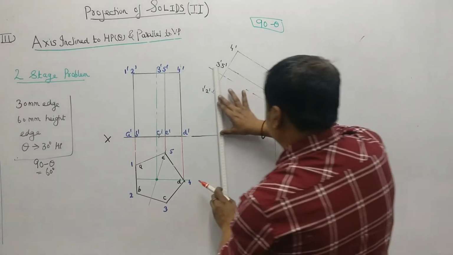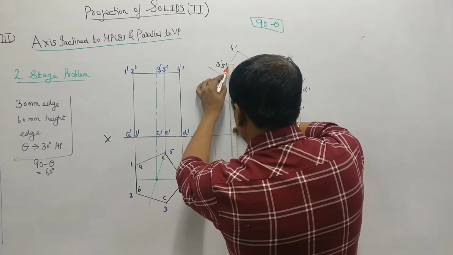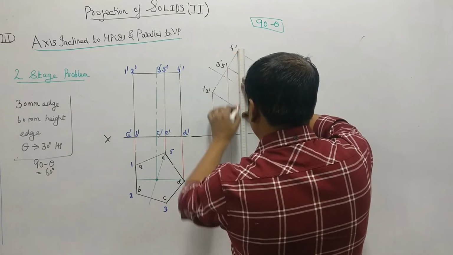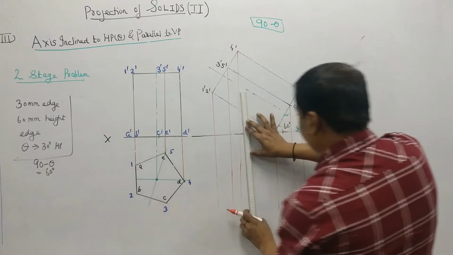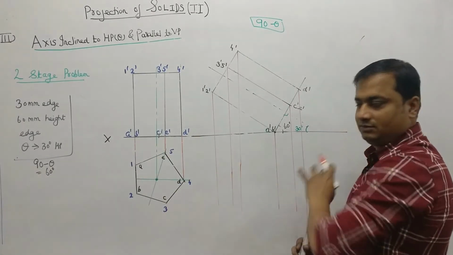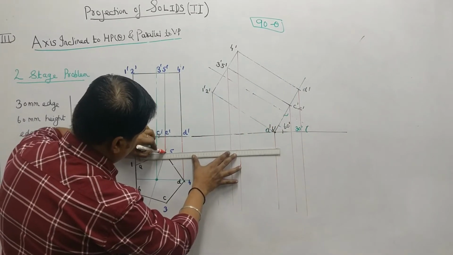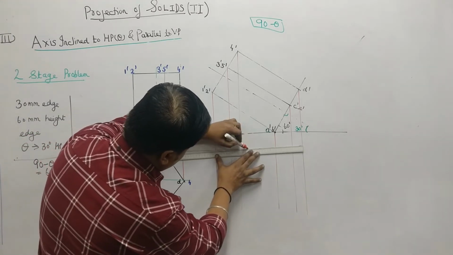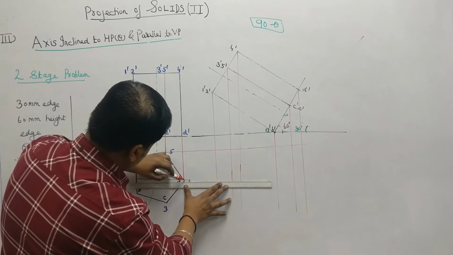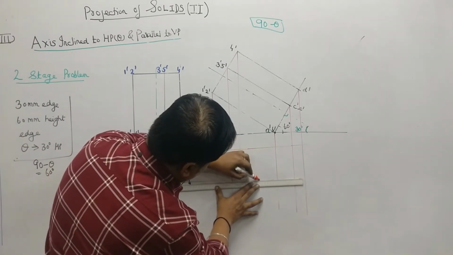Like this, the projectors from each and every point, the projectors should be very light. So these are the vertical projectors from this front view, and from this top view, locus. From this top view, you have to drop the locus. So this is a common step which we have to apply in each and every problem.